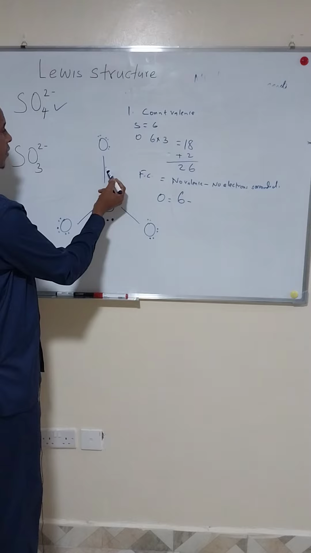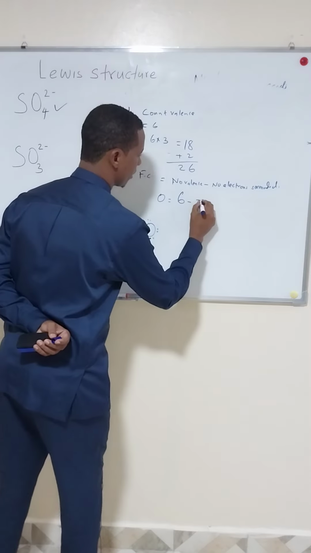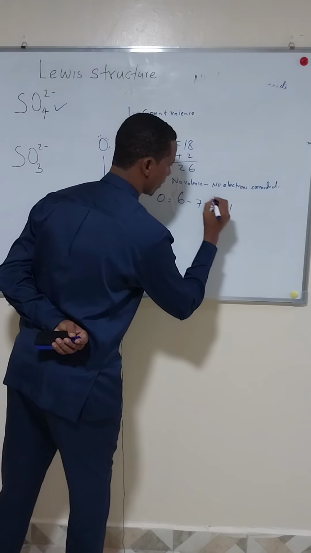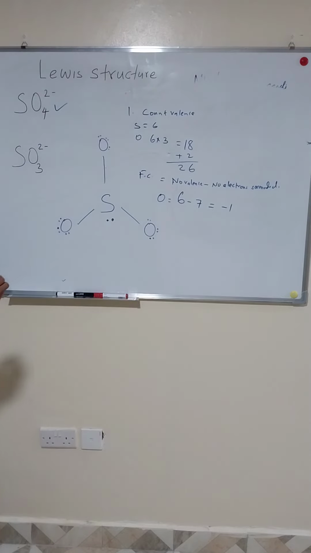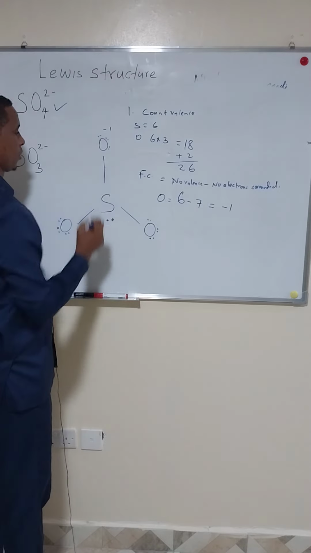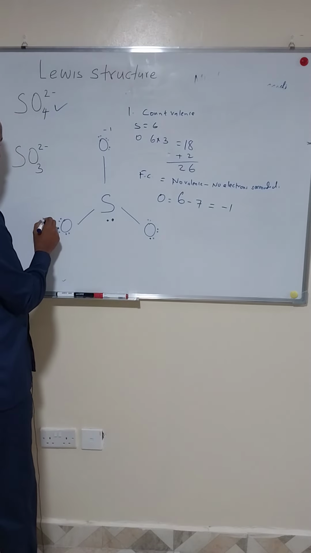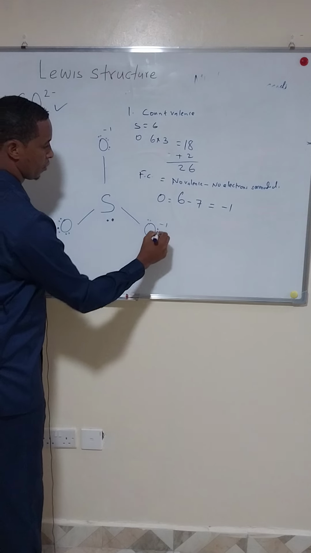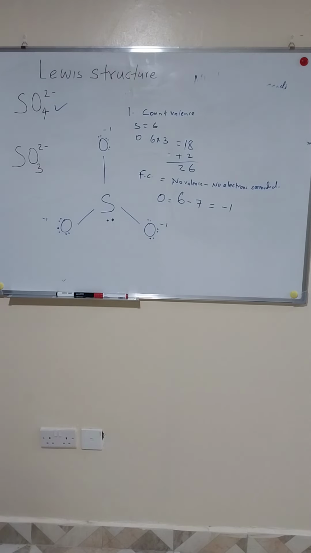So you count this one half, 7. 6 minus 7 will have negative 1. So each oxygen has a formal charge of negative 1.